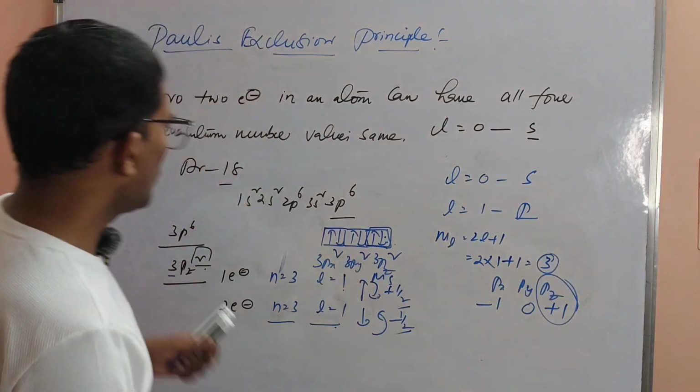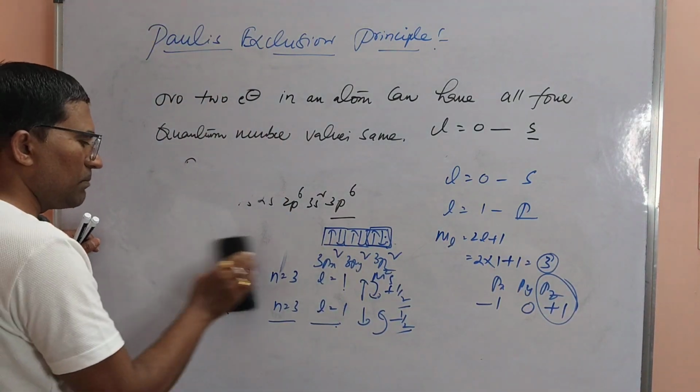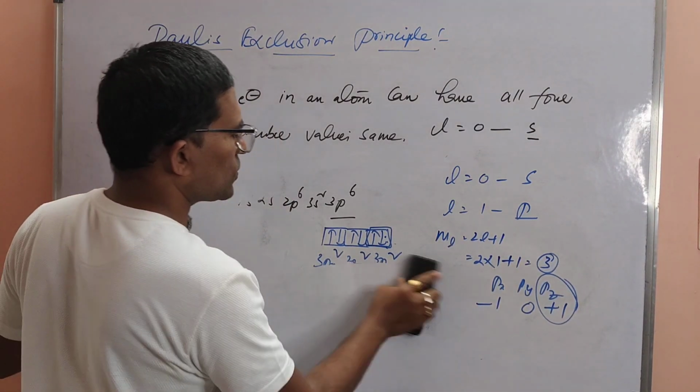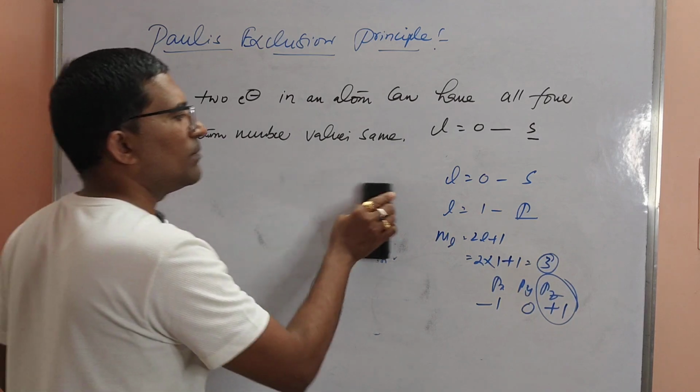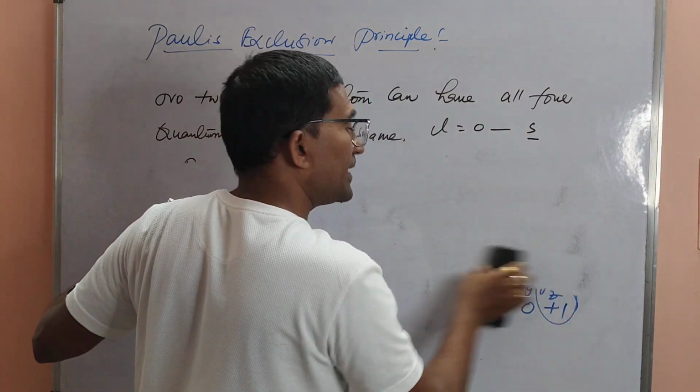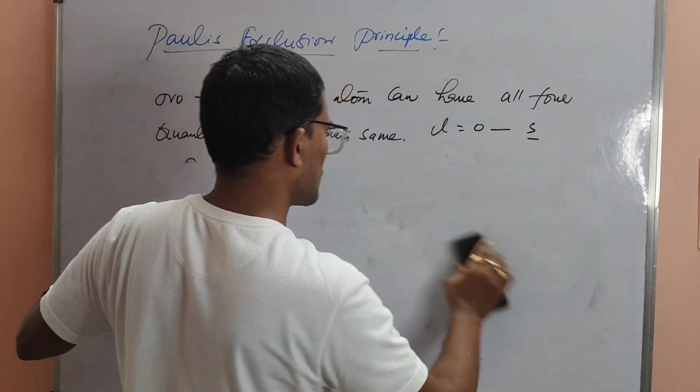Understood? Now I will go with one example. By giving the values, you have to identify what element it is. We can identify based on the values.